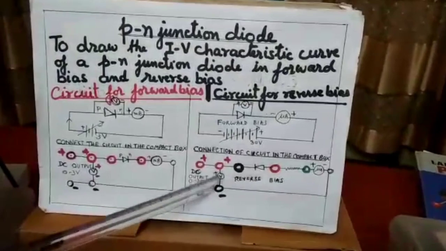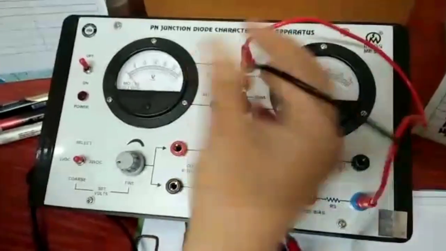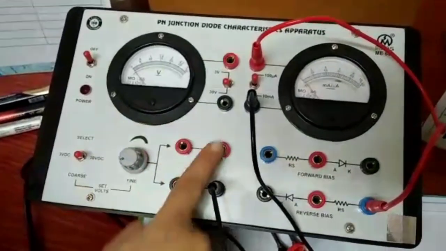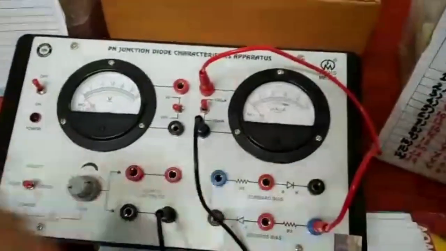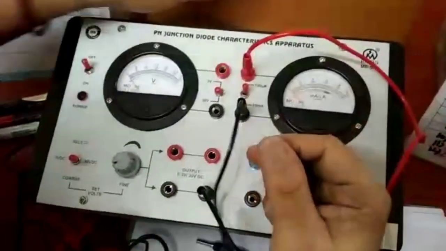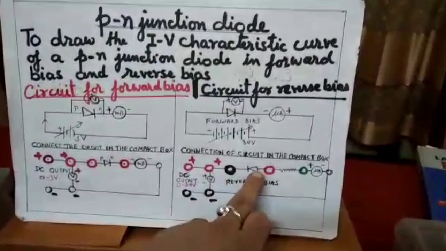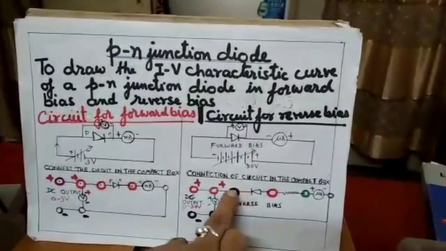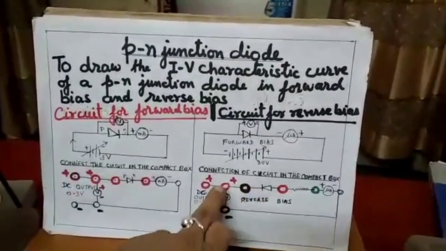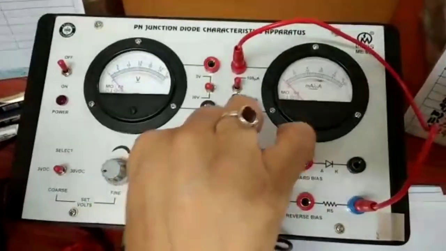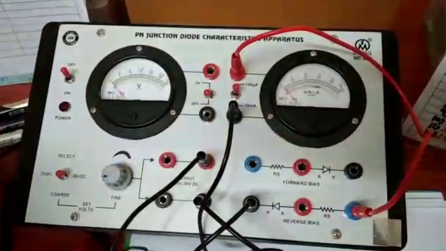The negative of the microammeter is connected to the negative of the battery. The front portion, that is the end of the diode, is connected to the positive of the battery.